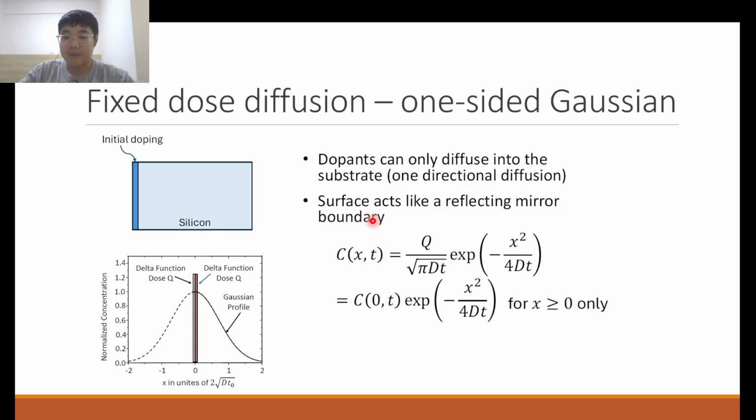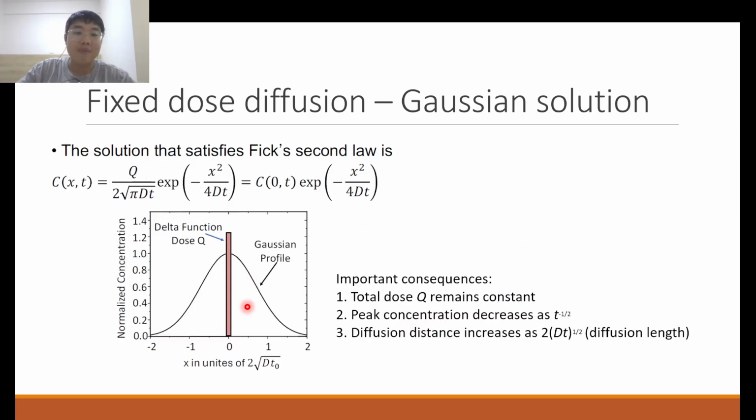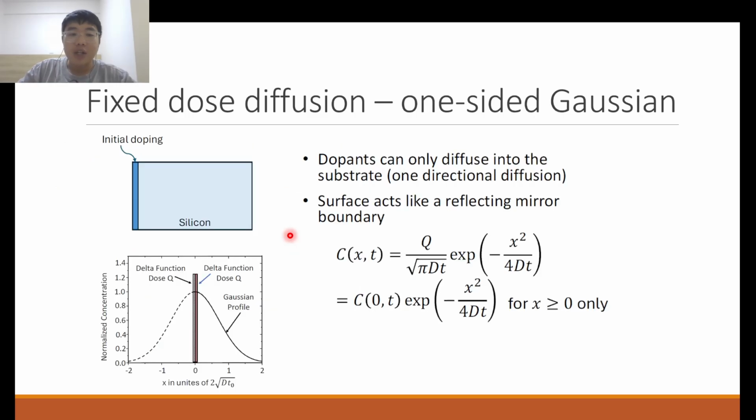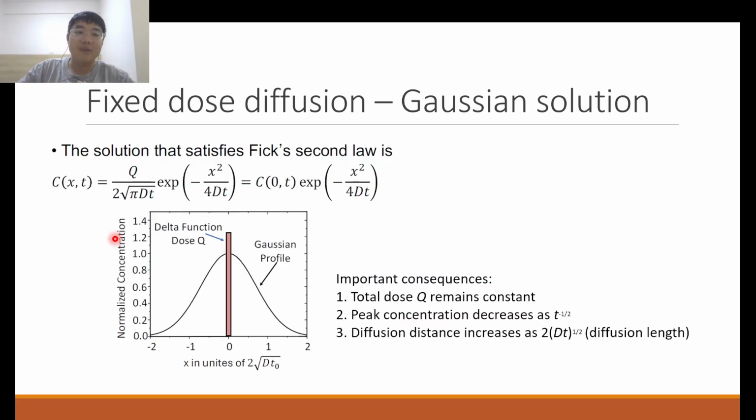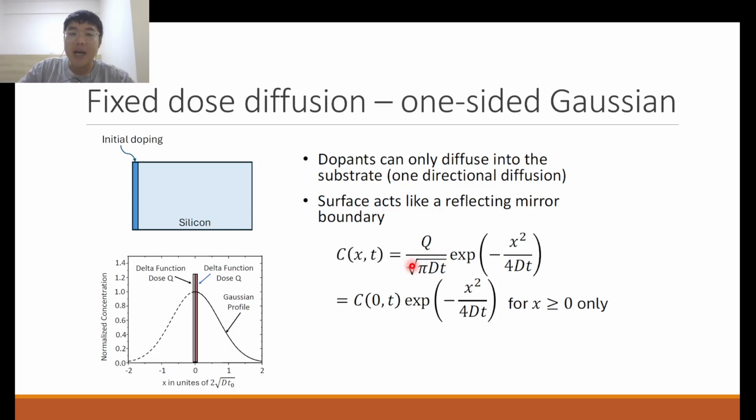However, there's a bit of a problem, because normally doping happens at the surface, not somewhere in the middle where you can diffuse on both sides. Normally it happens at the surface, and diffusion occurs in one direction only. In this case, we do a reflected, or one-sided, Gaussian, where effectively we multiply by 2, so the 2 in the denominator disappears here, and the function is defined only for x greater than 0, for positive values of x.